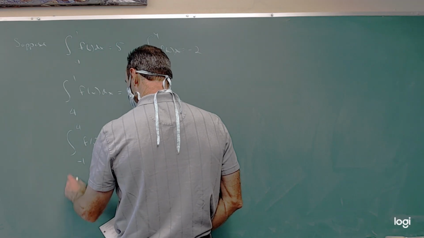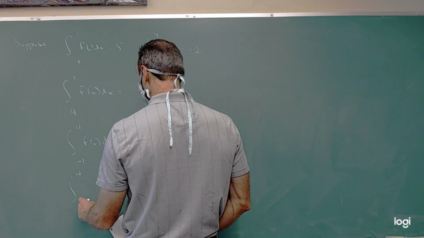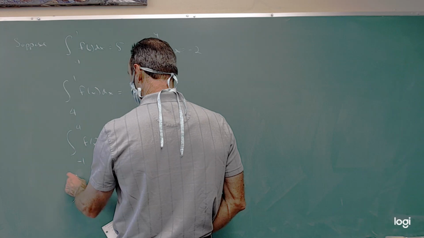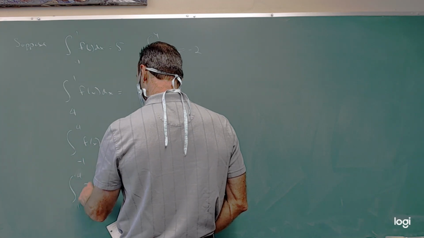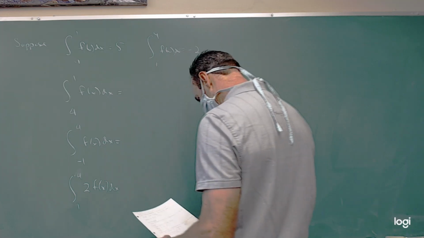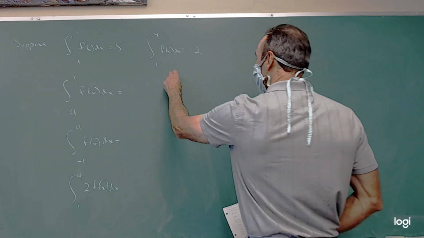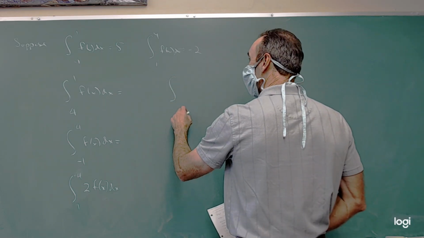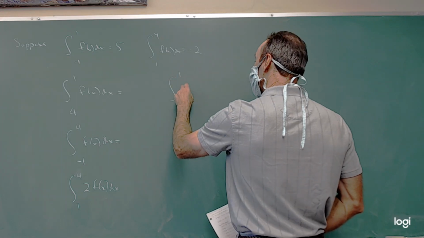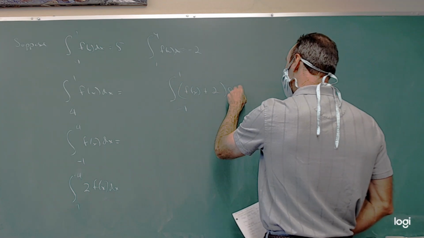Or we can find the integral from 1 to 4 of 2 f of x. These used to be so hard. It's funny how far we've come. The integral from -1 to 1 of f of x plus 2 dx.